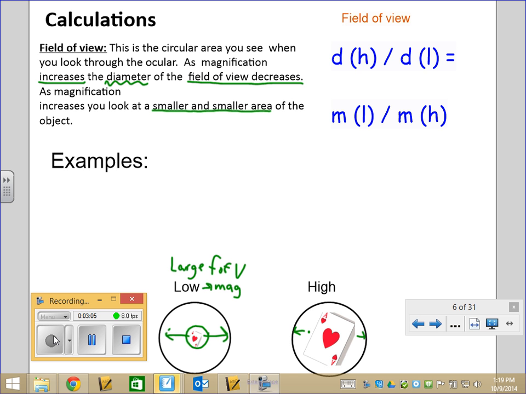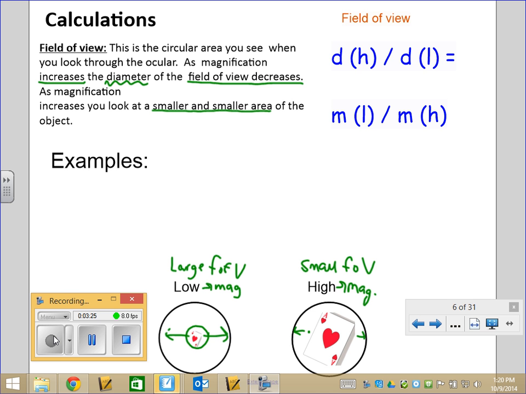On the right, this is high magnification, but small field of view. And so they're opposites, and that is a really key point. If one is big, the other one has to be small, vice versa.